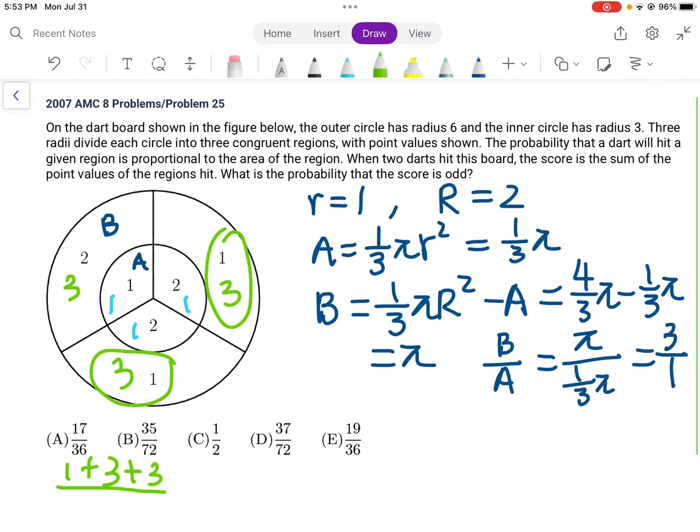Their sum will be 12. If the second dart lands in 2, then the result will be odd.